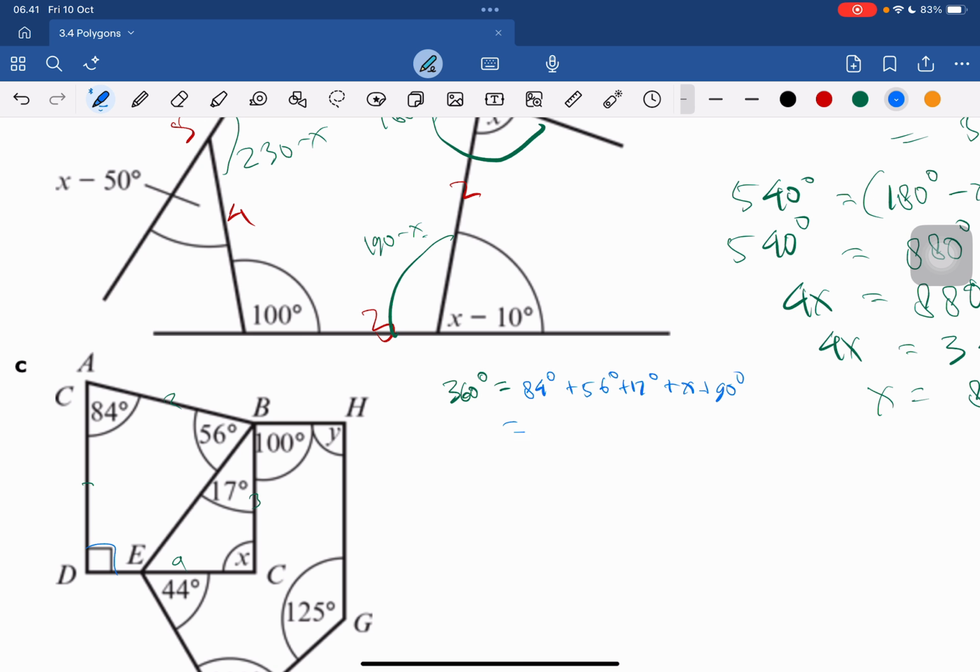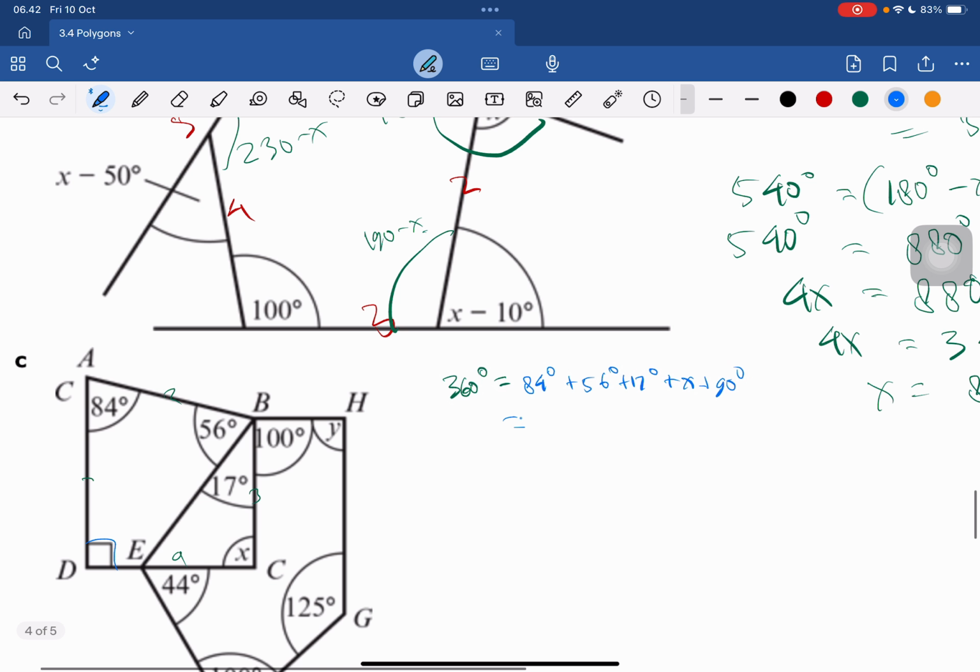So let us add these values. 84 plus 56 plus 17 and then plus 90 gives us 247 degrees plus x equals 360 degrees. So x equals 113 degrees, because 360 minus 247 equals 113 degrees.